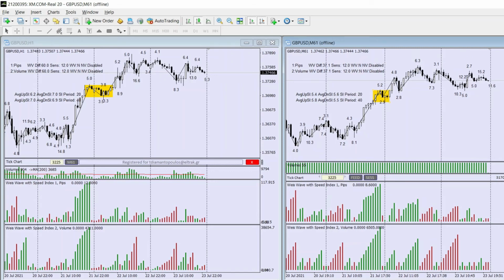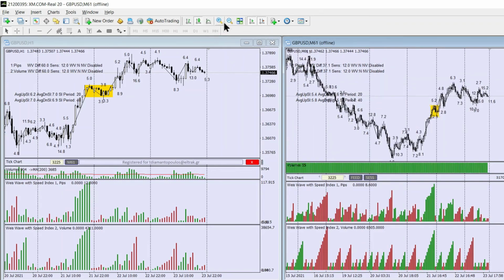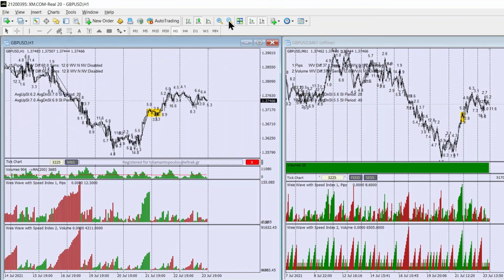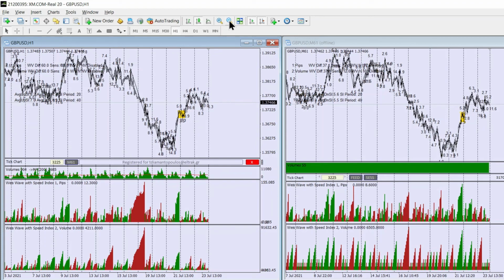Let's look at a zoom out story. Look how easily it is identified after this down wave, the red waves, the down waves, how easily they are identified, which are bigger than the green ones.